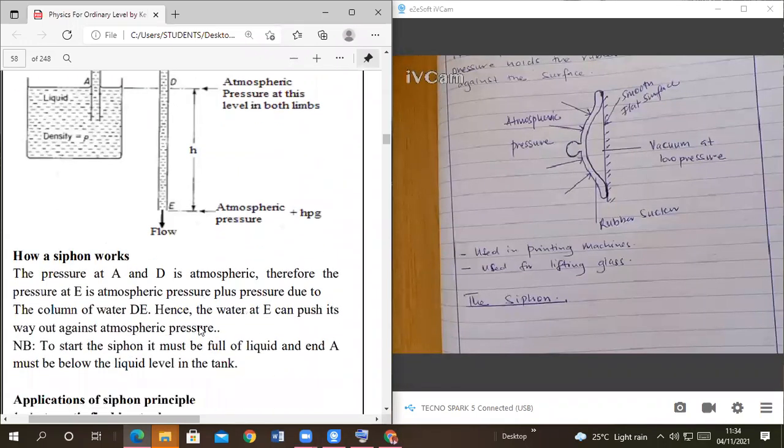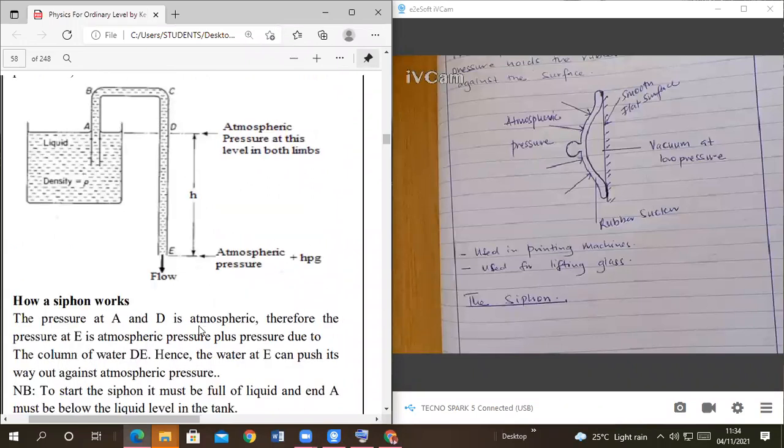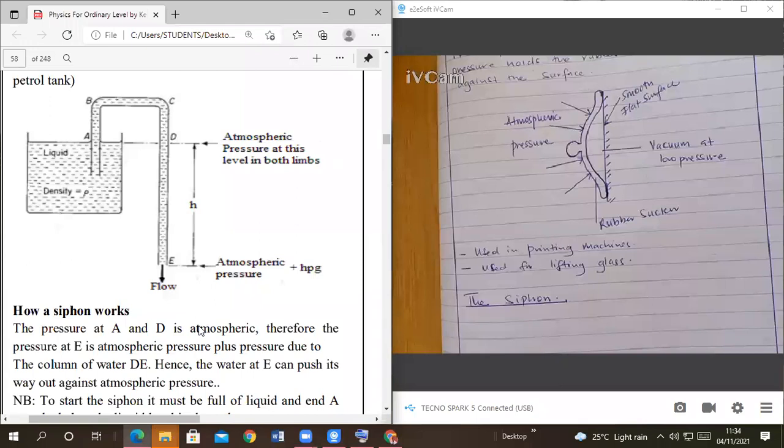Teacher, what if I use a straw? Can it work? Which straw are you talking about? The one for taking soda. You see, there are very many straws. There's also the one for taking the drink they put in pots.